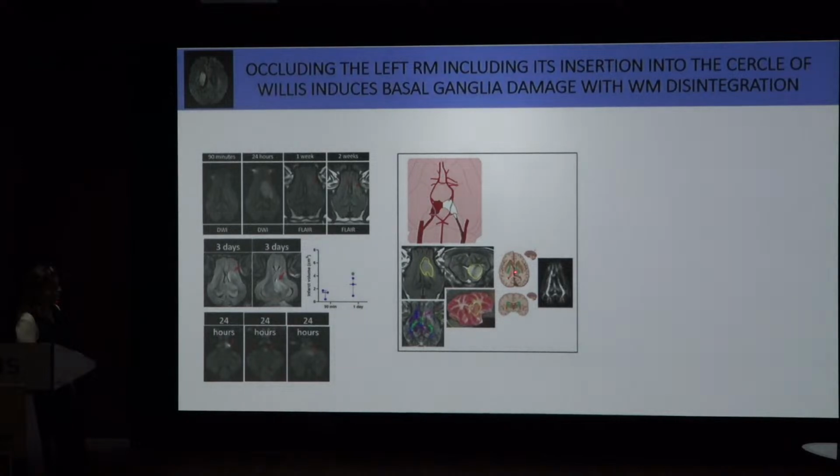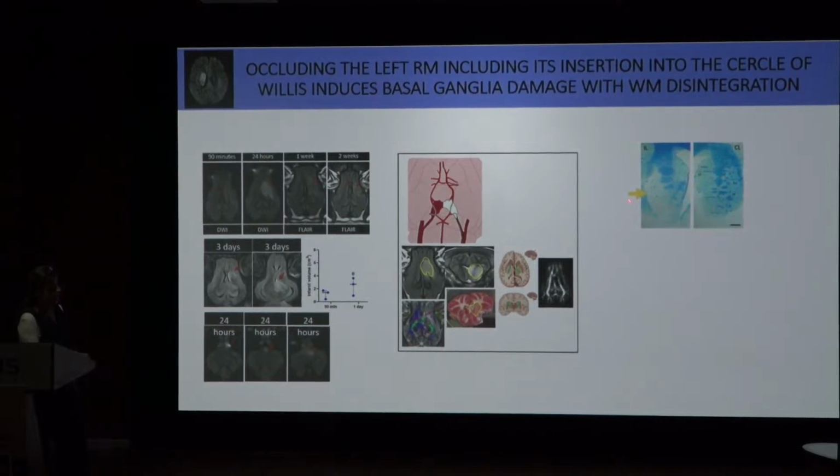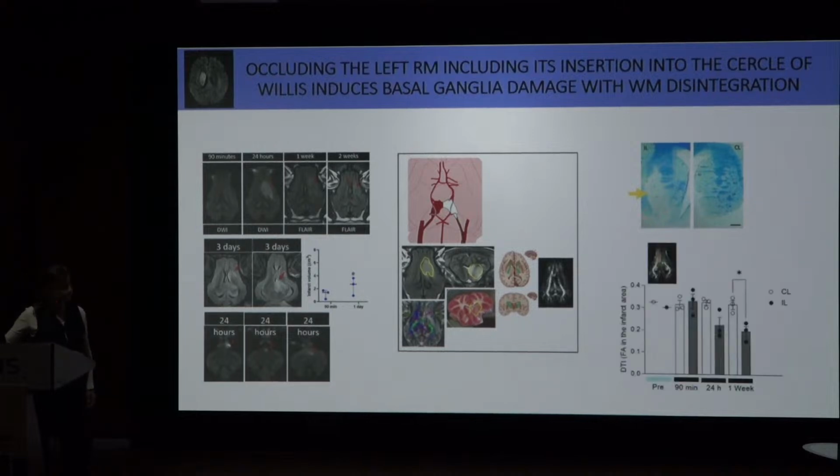There is damage to the internal capsule, and we can quantify that. We can do histology and see this is the contralateral and this is the ipsilateral. You see that the Luxol fast blue indicates that there is loss of white matter here, and also a reduction in the fractional anisotropy starting at 24 hours and up to 1 week.